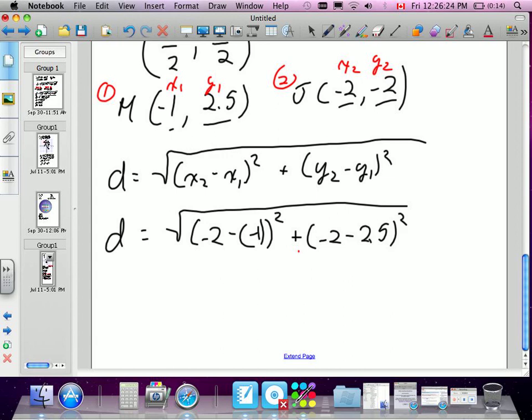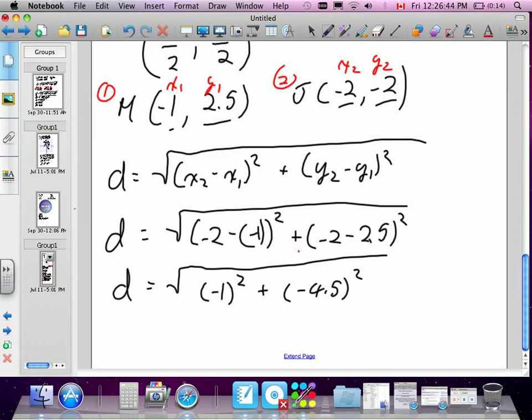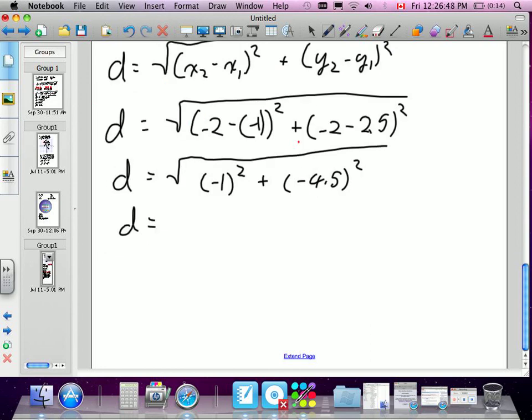D is equal to the root of negative 2 minus negative 1, which is negative 2 plus 1, so I end up with negative 1 squared, plus negative 2 minus 2.5, which gives us negative 4.5 squared. Negative 1 times negative 1 is 1.